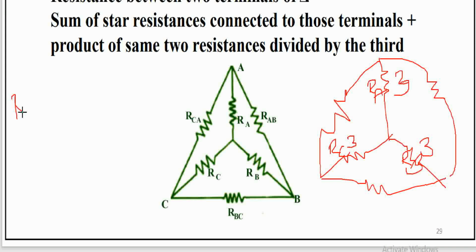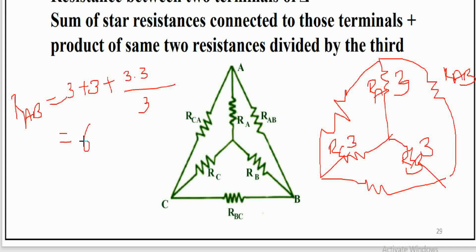So RAB is equal to 3 plus 3, plus 3 into 3 divided by the opposite, and for RAB the opposite is 3. So just simplify it. 3 plus 3 is 6, plus 3 into 3 is 9, and 9 by 3 is 3.